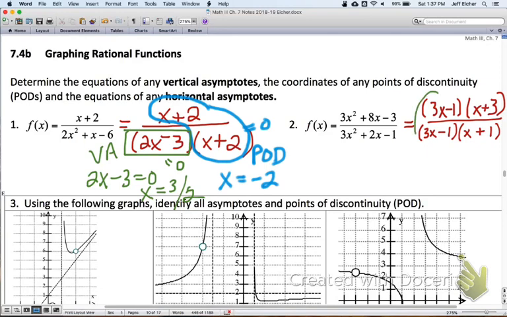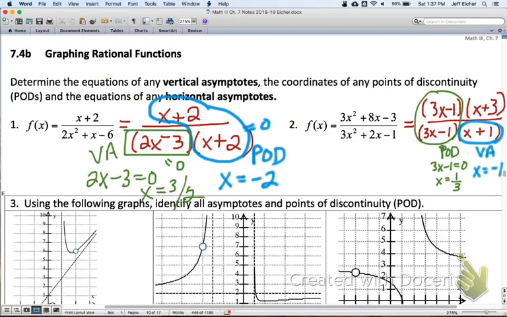So if you can't figure out how to factor that numerator, but you're able to figure out the denominator, then 3x minus 1 would be a good guess for a factor. This will give us a point of discontinuity at 3x minus 1 equals 0, so that would be x equals 1/3. The other factor, in the denominator, gives us a vertical asymptote, and that would be at x equals -1.